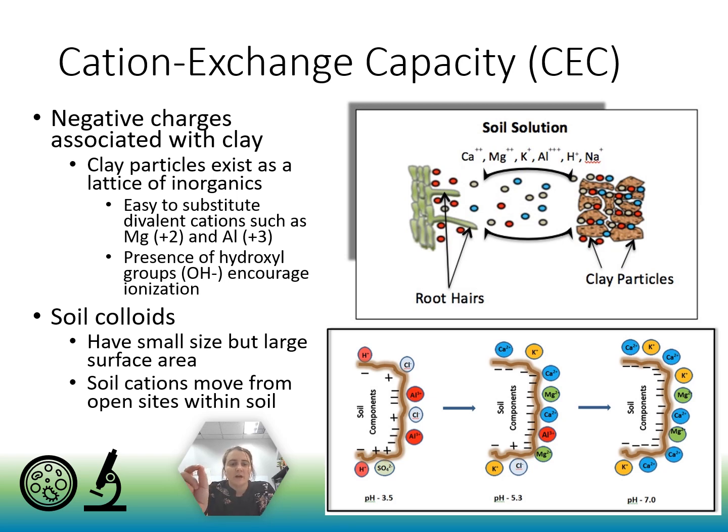And then when we talk about solids, solids in soil can be colloids based on their size, and they have a small size but a large surface area. So there's going to be lots of cationic sites on the outside of a soil particle, particularly one that's made out of clay. And so those open sites are going to really help with reactions and moving those cations around in the system.